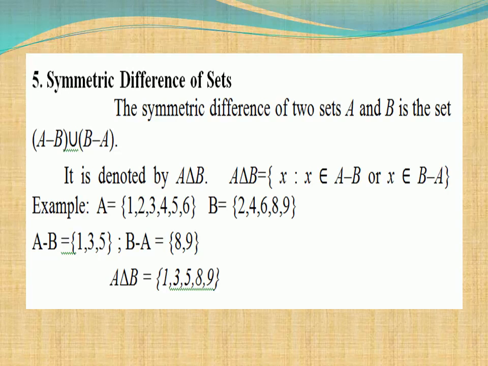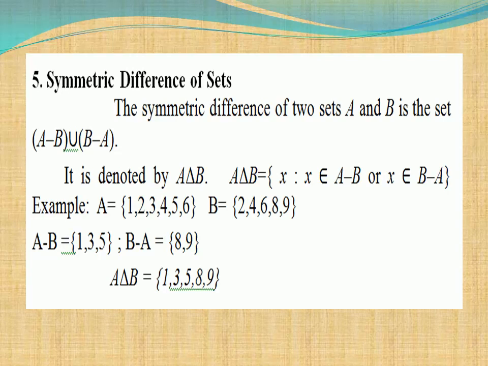Now you just cancel the common elements from both A and B. What are the common elements here? 2, 4, 6 are the common elements. So A minus B means the remaining elements from A. Already we cancelled 2, 4, 6. The remaining elements from A are 1, 3, 5.